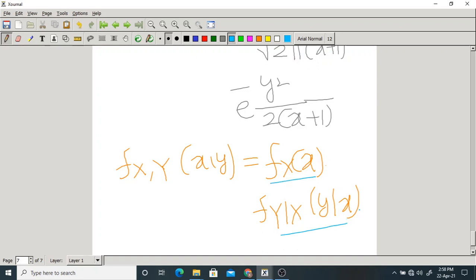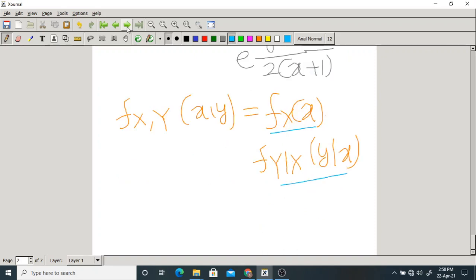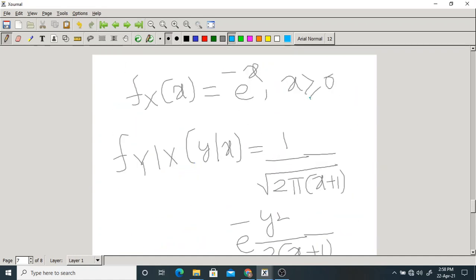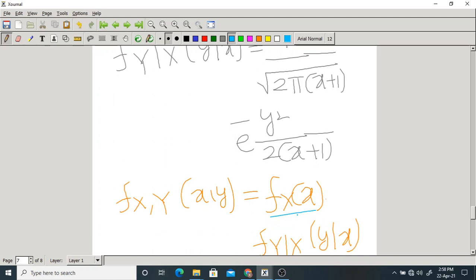Just multiply them. So x is greater than or equal to 0. What are the limits of y? Y is from minus infinity to infinity. Okay.